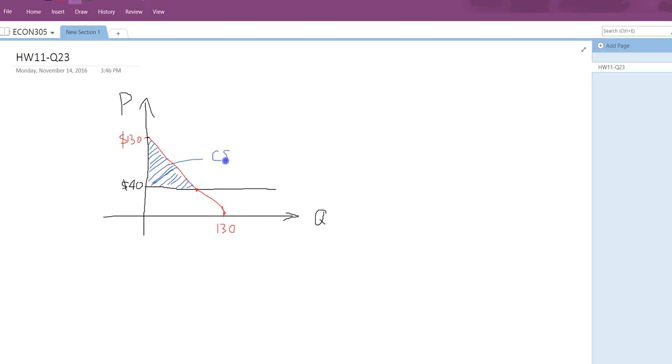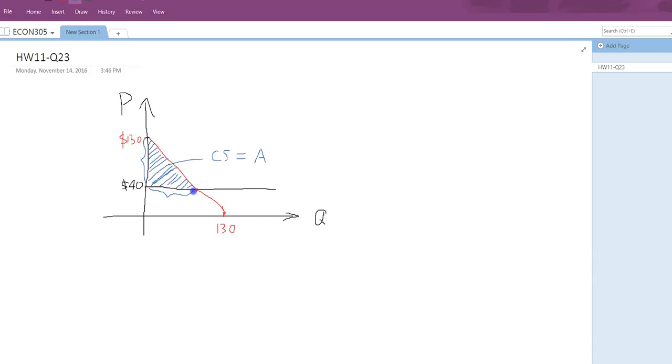That should be the access fee, A. To calculate its area, we need the base and the height.